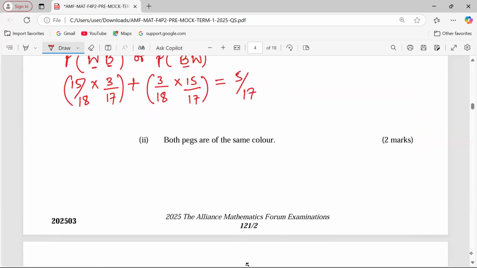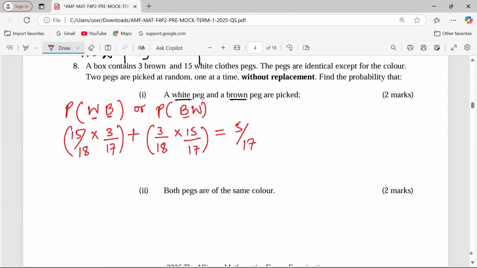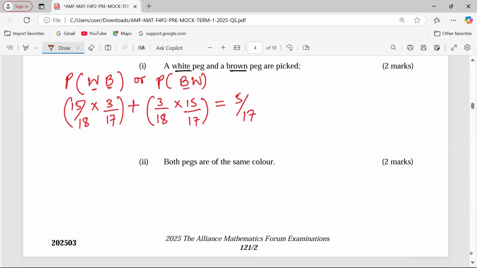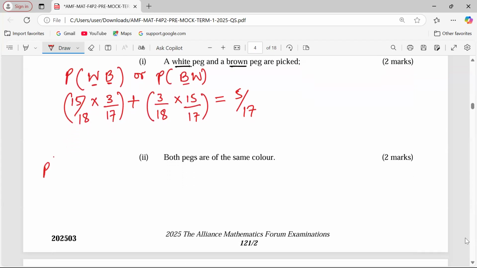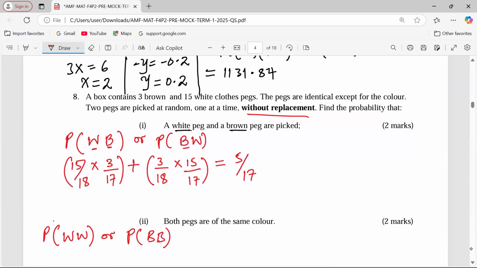The second part of the same question. Both pegs are of the same color. Probability that both pegs are of the same color. This means the probability of picking white, then white, or the probability of picking a brown, then brown. Remember, it is without replacement.